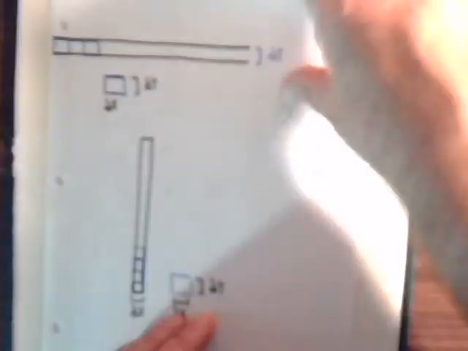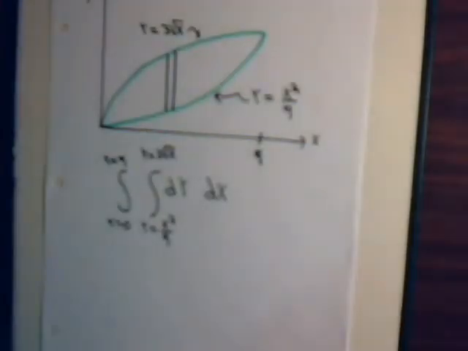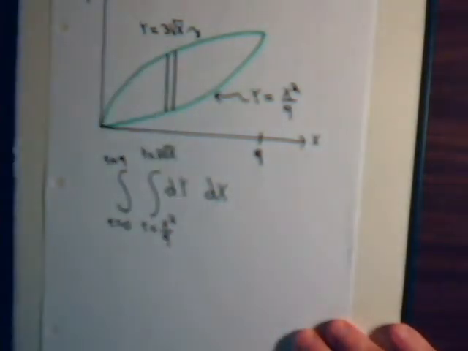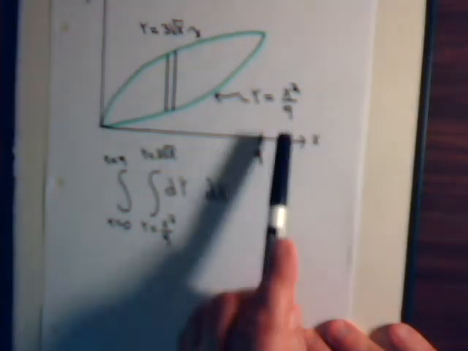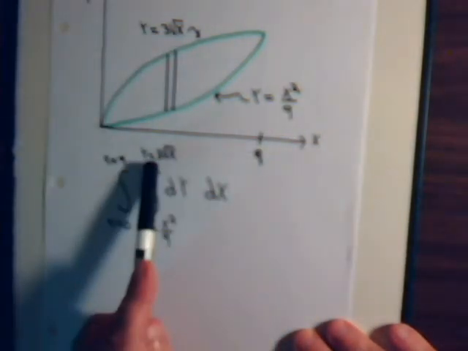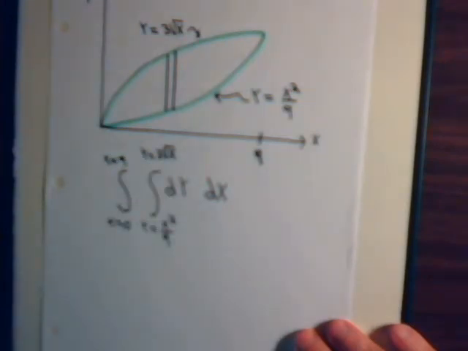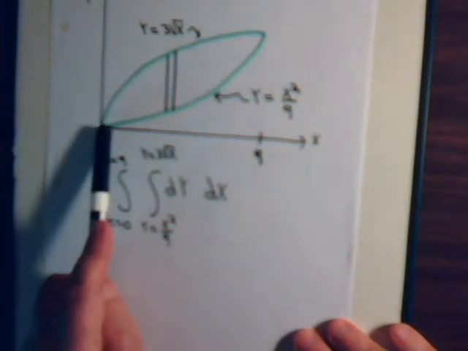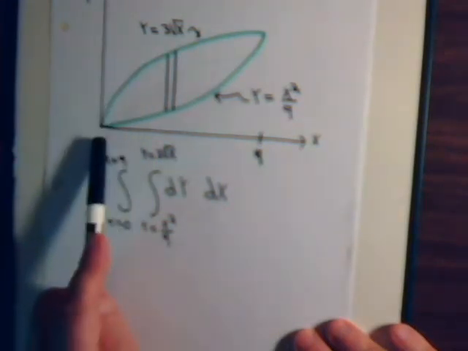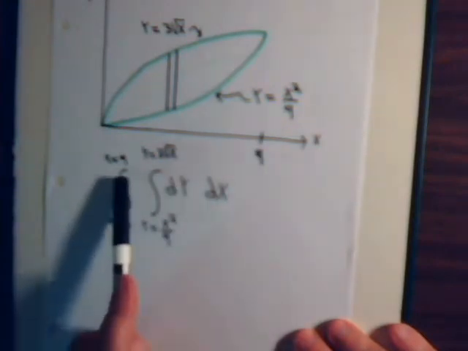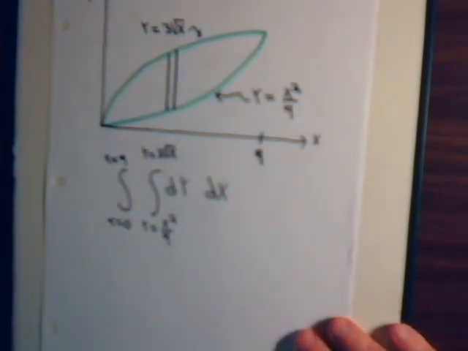So now we're summing in the y direction, going from y equals x squared over 9 up to 3 times the square root of x. That will be the area of one vertical strip. Then we add up the area of all the vertical strips, starting at x equals 0, all the way out to where x equals 9.